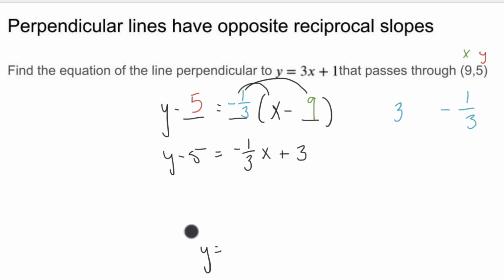Again, we just want this to say y equals, which means we need to eliminate this minus 5, so we're going to add 5 to both sides. So in slope-intercept form, the equation is going to be y equals negative 1/3 x plus 8. This will be perpendicular to this line and pass through (9, 5).